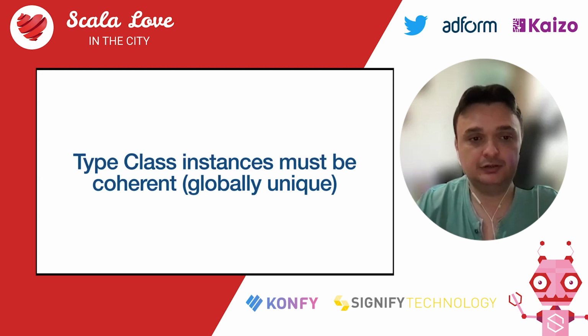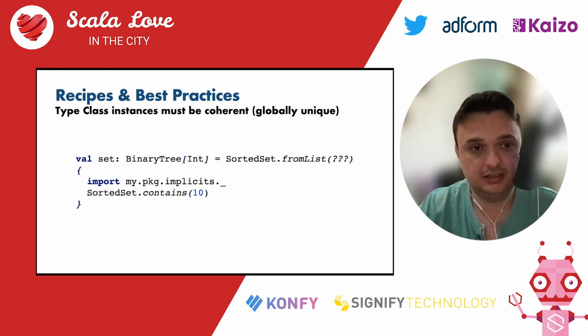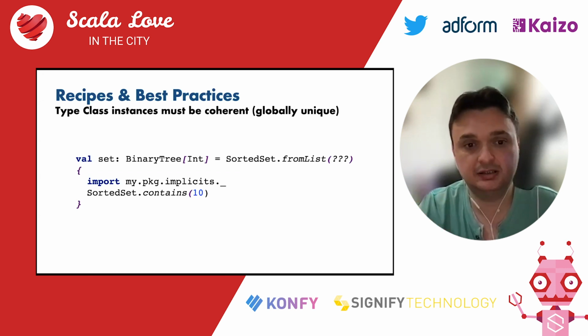And here we get to one common issue with type class design in common use in Scala. Type class instances must be coherent, which means globally unique. Because if we have the sorted set initialized from earlier, and by mistake we import another ordering instance in our scope, because we are importing with wildcard, we can break our sorted set. This is an issue of correctness.